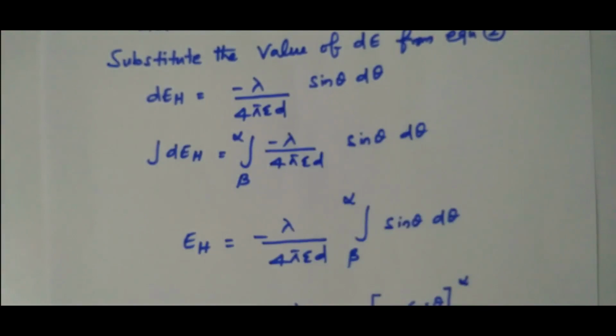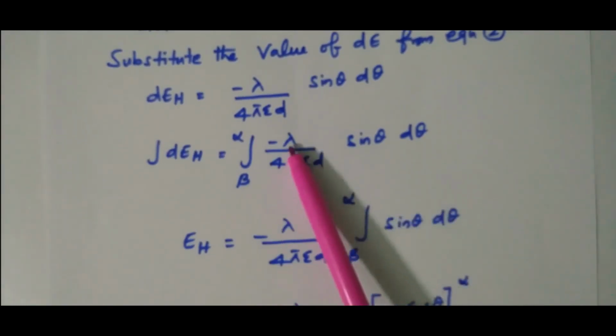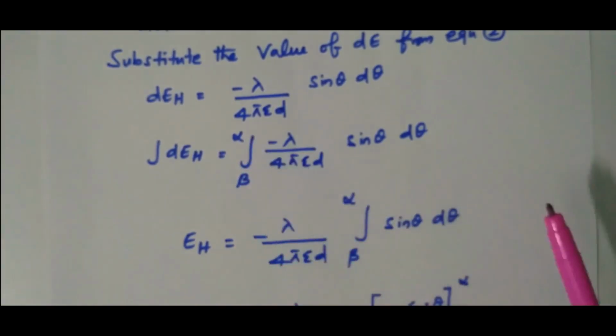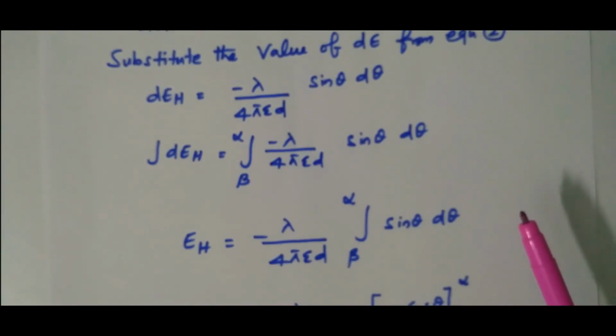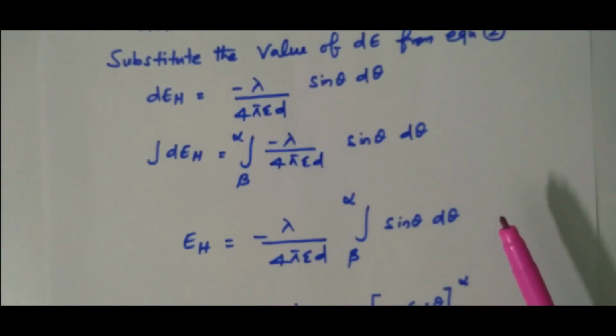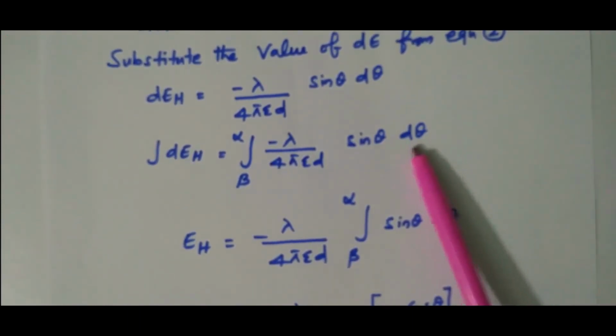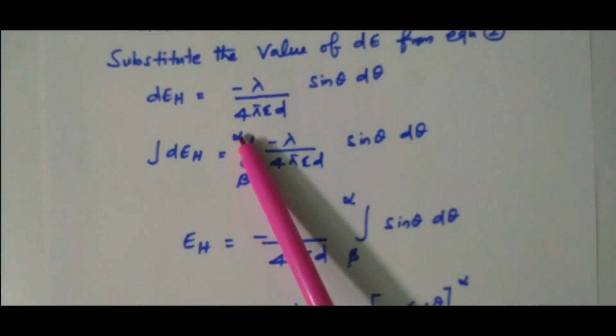By integrating on both sides, we will get the total electric field intensity. So we can go for integration of minus lambda divided by 4 pi epsilon d sin theta d theta. What is the limit for the integration? That is very important. The limit is that we need to consider the entire length of the cable, AB. But integration is with respect to theta, so we are taking alpha and beta. For point A, the equivalent angle is alpha.